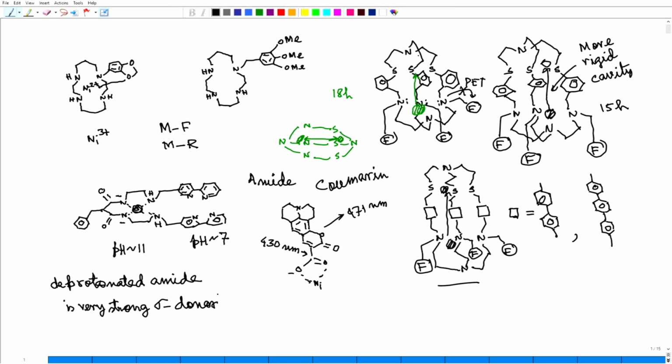That means, it can donate electron density very strongly to nickel.